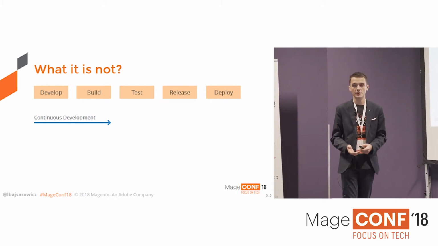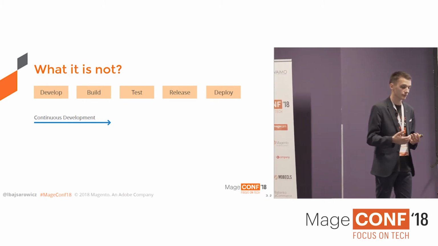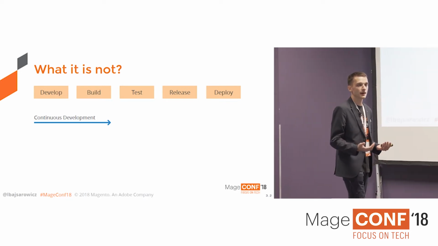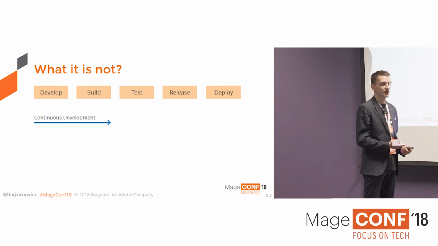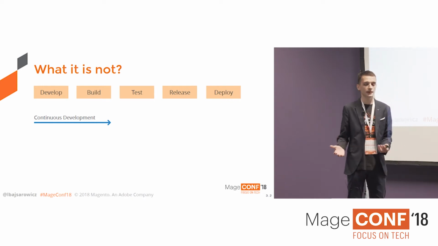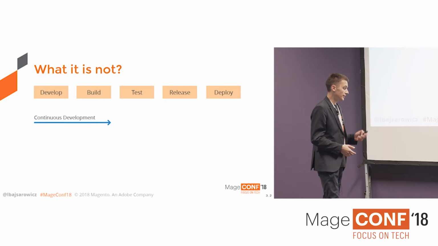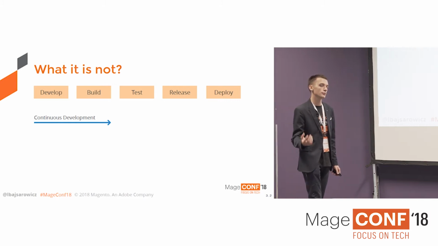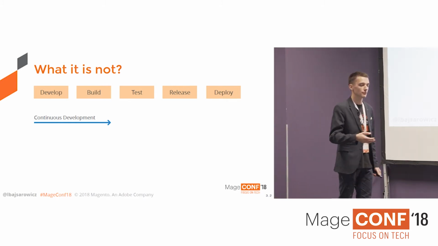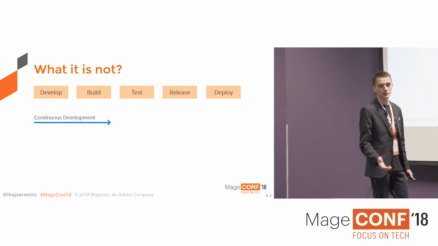We are building the application. For PHP, building happens when we compile the UI, when we deploy static content. It's building the application, and then there is continuous development. So we develop, we just open our application, so it's building.